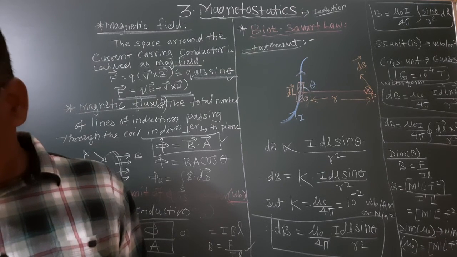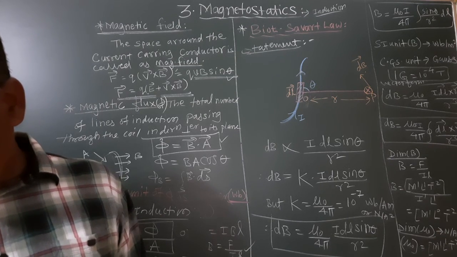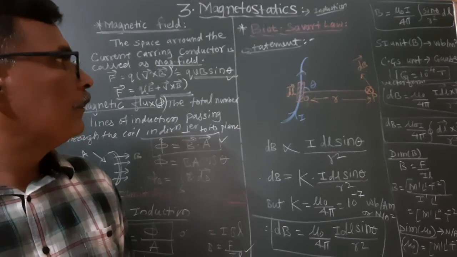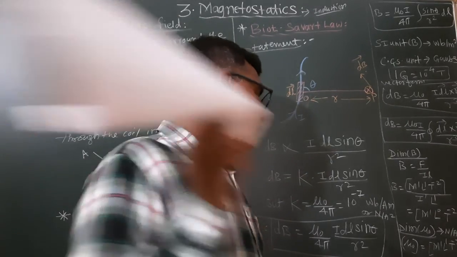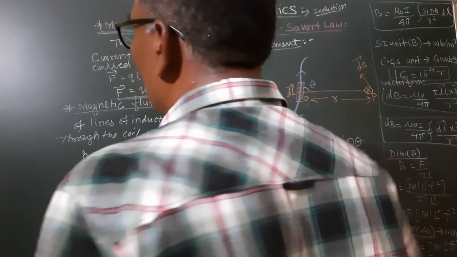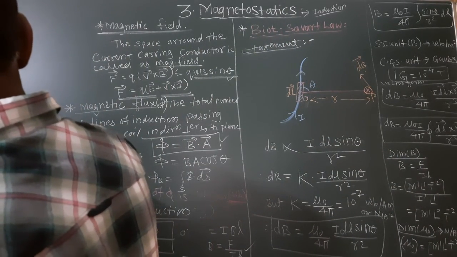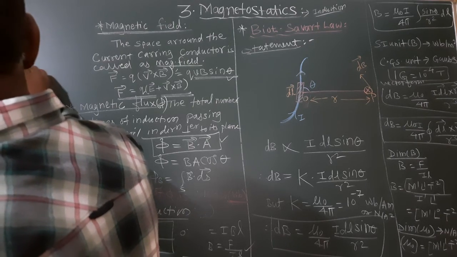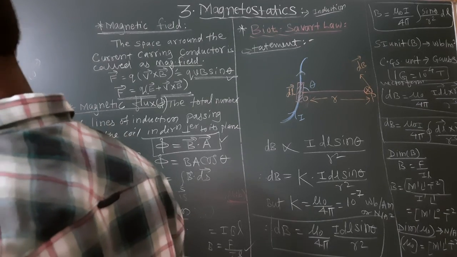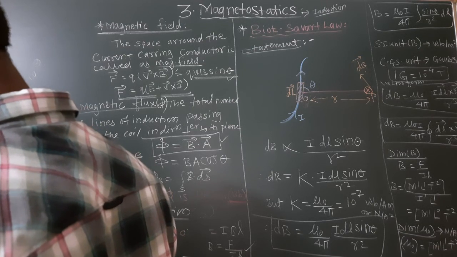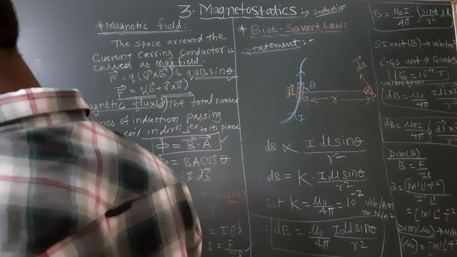and then 1 upon 4 pi epsilon 0 has the value 9 into 10 to the power 9. Remember this factor, in Newton meter square per Coulomb square.